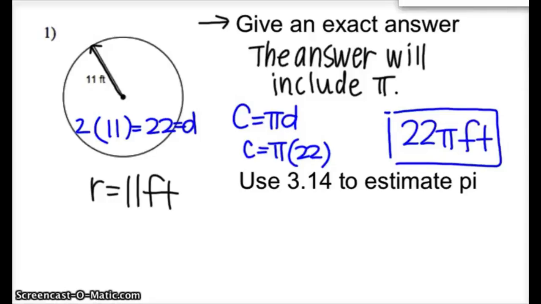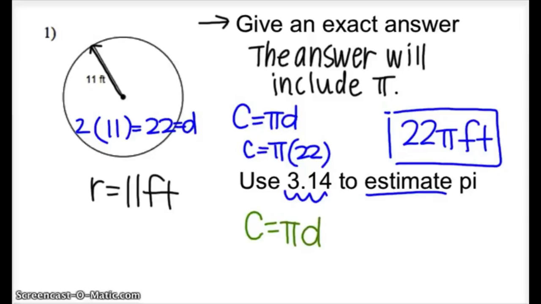Now, there is another way to write it, and this is not an exact number because I'm estimating pi at 3.14. So I'm going to use the same formula, C equals pi d, and I'm going to substitute the 2 things that I know, the 3.14 in for pi, and my diameter of 22.